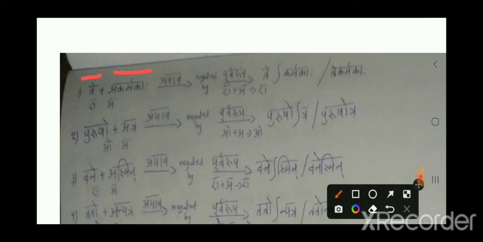Immediately you will see that here A is followed by an H letter. So A is an H letter. So when an H letter is followed by an Ach, then Ayava Sandhi will be applicable. So the replacement is the first case, I. I is the replacement. That's what you will think.